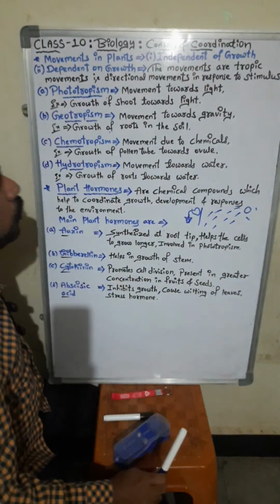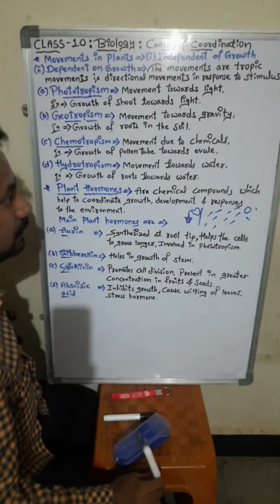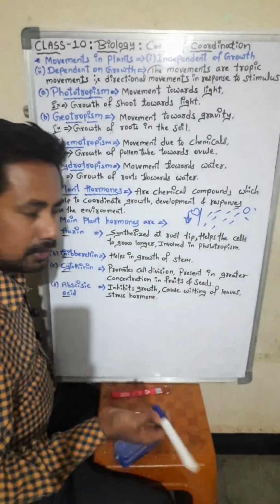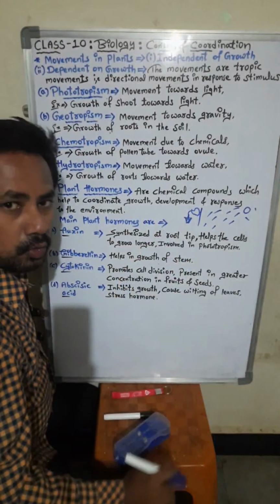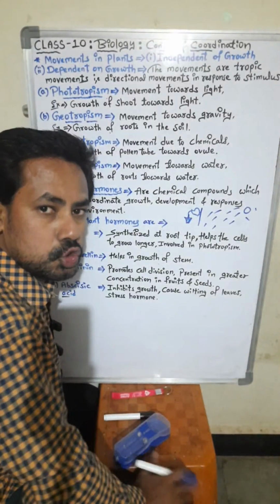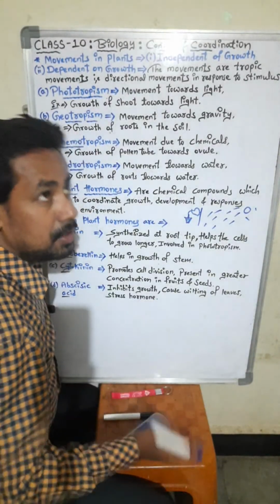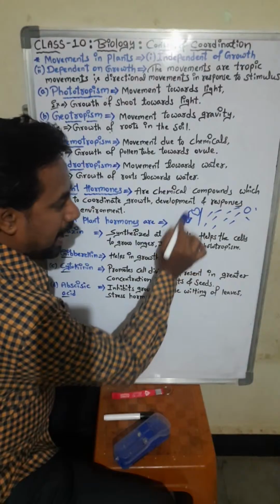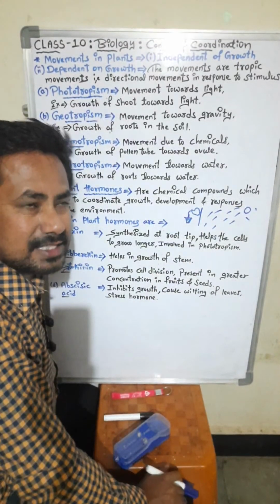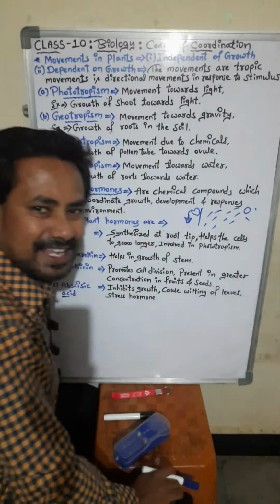An example is the growth of a shoot towards the light. Root means everybody knows. Shoot means whatever is above the ground level, known as the shoot system. There is the root system and the shoot system. The plant shoot growing towards the light is one example of phototropism. Is it clear, students?